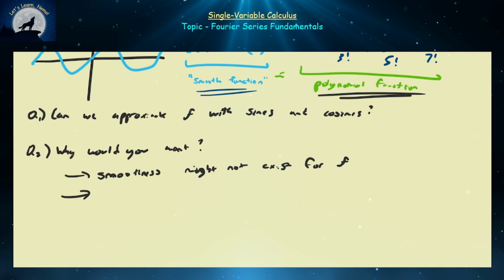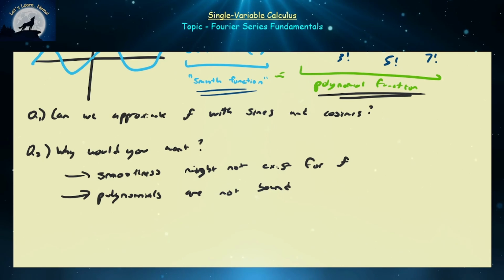And another very important property is that polynomials are not bounded, right? Because if you have a bounded function and you approximate it with a Taylor series, then you're going to get a non-bounded approximation for that bounded function. But sine and cosine are bounded between -1 and 1, so maybe if you have a bounded function, a Fourier series might be a little bit more appropriate.